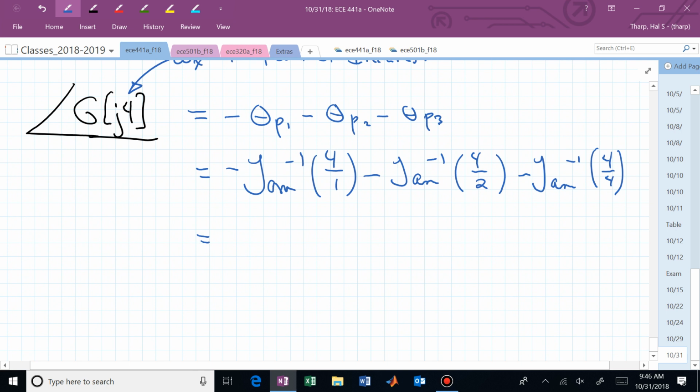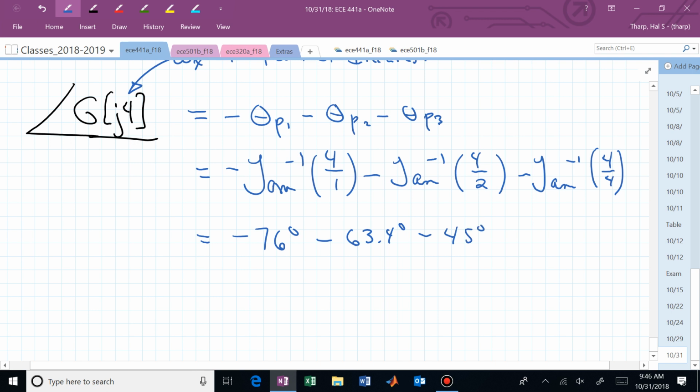And if you pull out your calculator, this will be 76 degrees. This will be 63.4 degrees. And this one will be, what's the inverse tangent of 4 over 4? Oh, come on. 45, right?